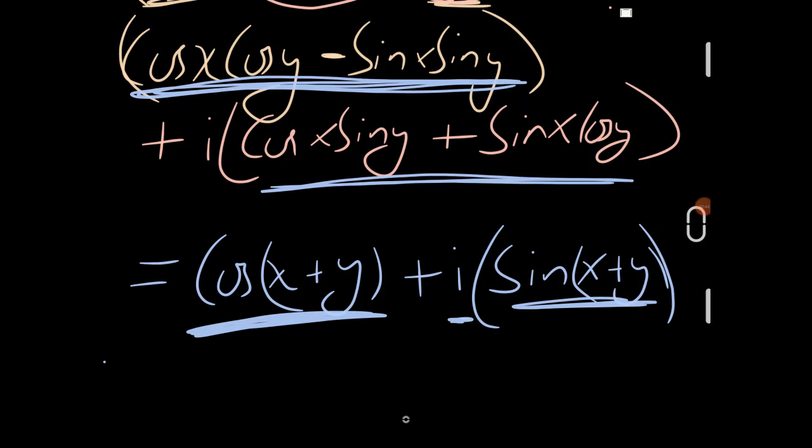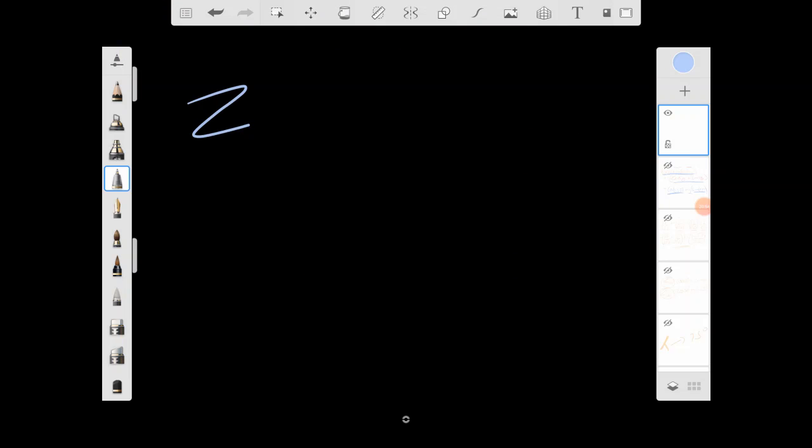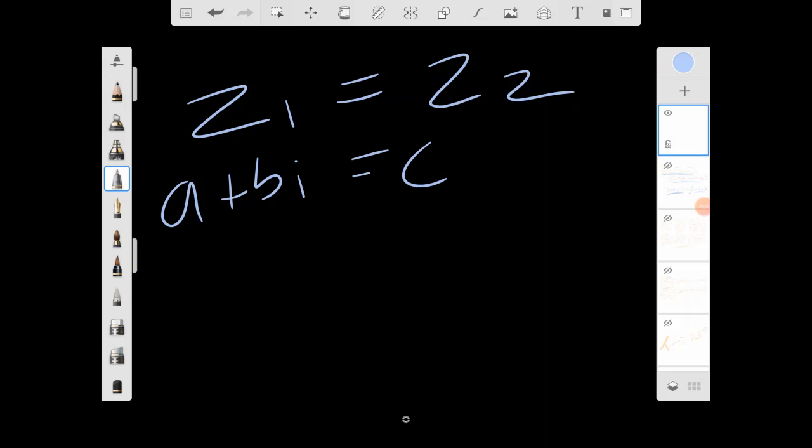Now always remember that whenever we say one complex number is equal to another complex number, that means a plus bi is equal to c plus di, a should be equal to c, real part should be equal, and the imaginary part should be equal.